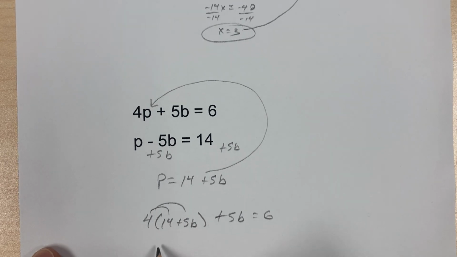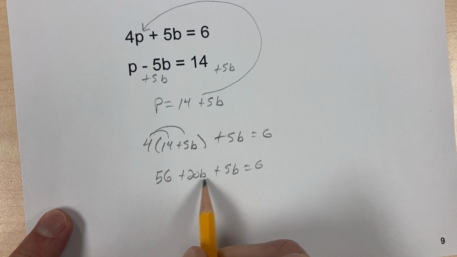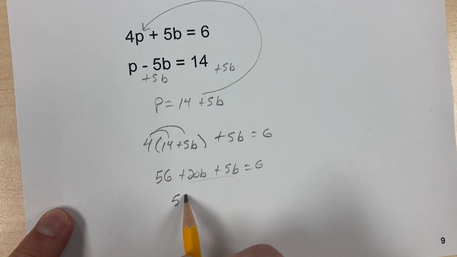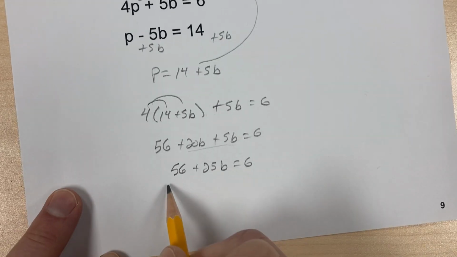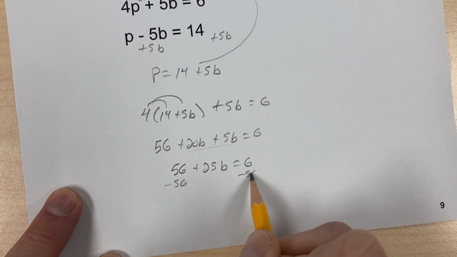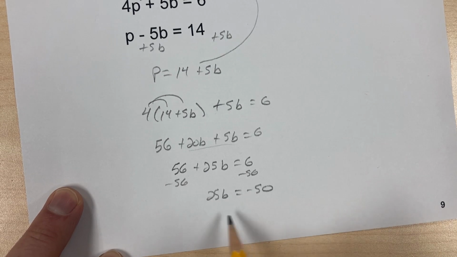This here will give us 56 plus 20b plus 5b equals 6. If I add these together, then I get 56 plus 25b equals 6. Subtract 56, 25b equals negative 50.